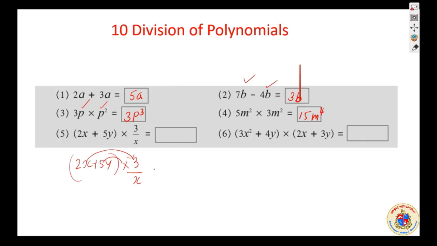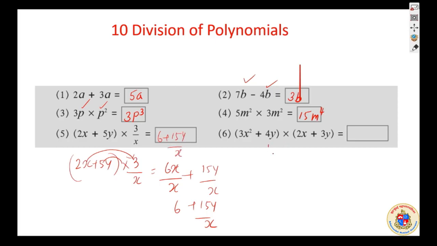Thereby you will be having answers like 6x, 2x into 3, 6x upon x plus 5y into 3 is equal to 15y upon x. This will get cancelled and you will get 6 plus 15y upon x. Correct? So you will have an answer like that.